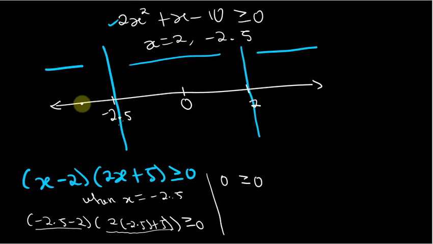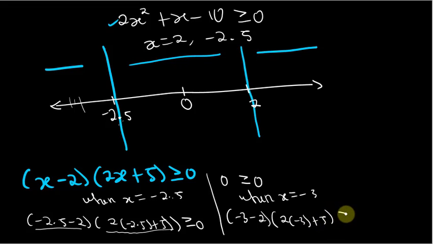Pick another value of your choice from the negative side. Let's say you pick negative 3. When x is negative 3, we have negative 3 minus 2, times 2 multiplying negative 3 plus 5, is greater than or equal to 0.